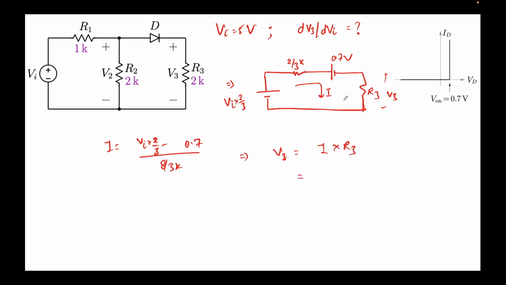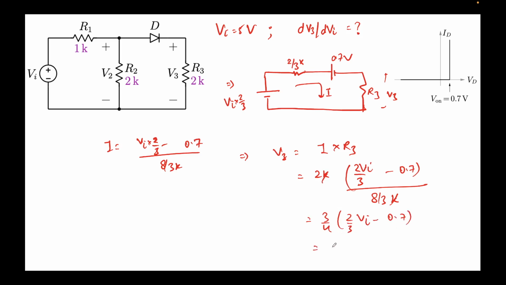If I replace this value of I over here, this will give me 2k times 2 by 3 Vi minus 0.7 divided by 8 by 3k. So this is 3 by 4 times 2 by 3 Vi minus 0.7. If I multiply this inside, this will be Vi by 2 minus 3 by 4 is 0.75, so 0.75 times 0.7, that comes out to be 0.525. So I have obtained that V3 is this expression.